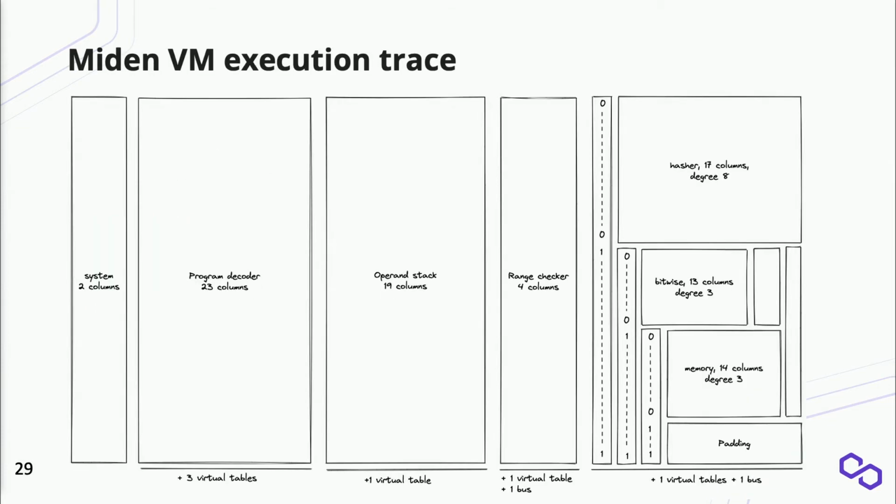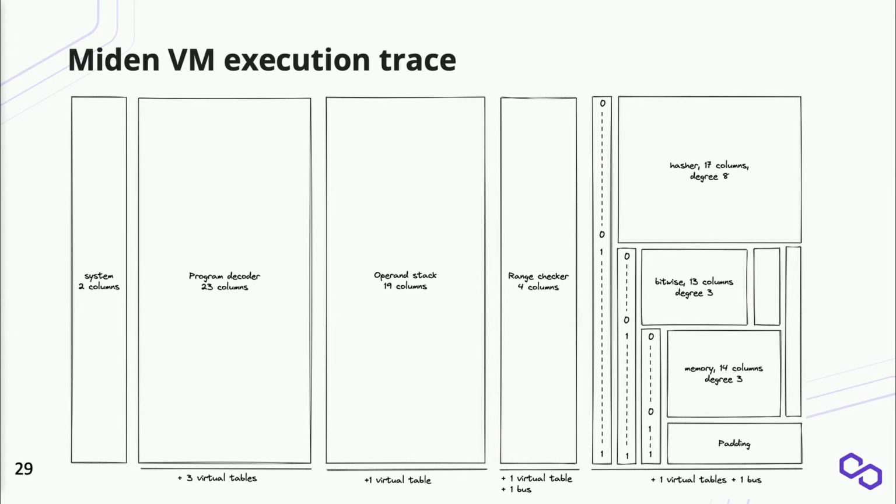I know there is a lot on this slide, but this is the actual execution trace of the VM. In a STARK context, you think about this as a 2D matrix, where each row is a state of the VM at a given clock cycle, and as the program executes on the VM, you add more and more rows to this matrix, and at the end you get the full execution trace of the VM.